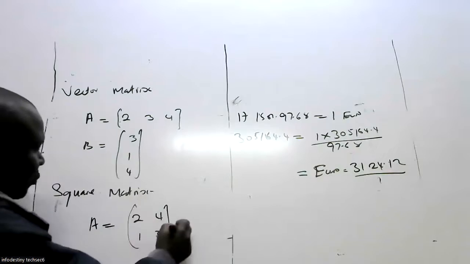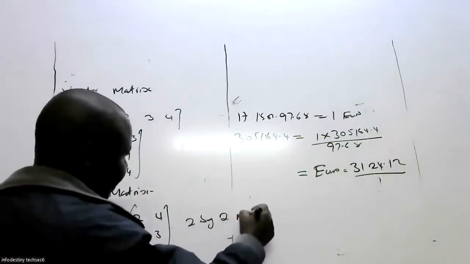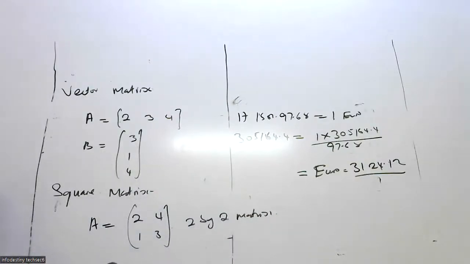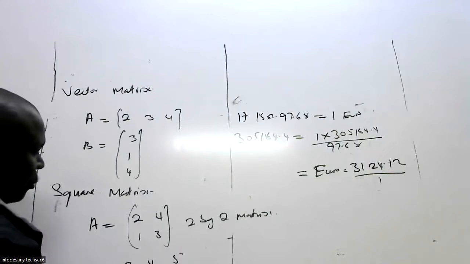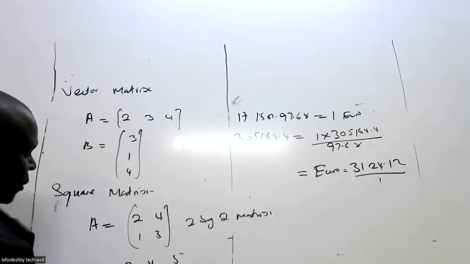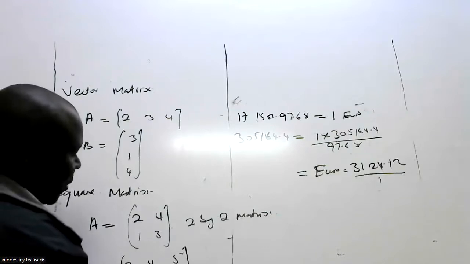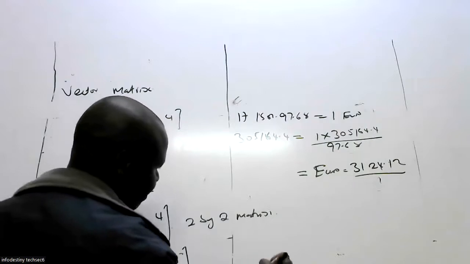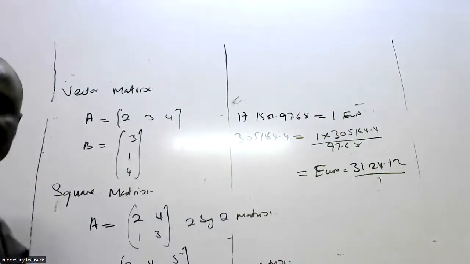This is a square matrix, known as a 2 by 2 matrix. Maybe we have B equals 3, 4, 5, 2, 1, negative 2, 4, 6, 0. This is a square matrix, a 3 by 3 matrix. Get together? That is known as the square matrix.